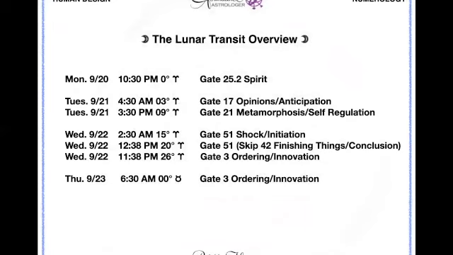We're going to look at the moon's transits, and the moon moves through a sign in about 2.5 days. It takes around 28 days or so to go around the whole zodiac. And because it moves so fast, it's easier for us to get a feel for how the rest of the planets move as well. For this particular session, we're going to look at it going through Aries into Taurus.